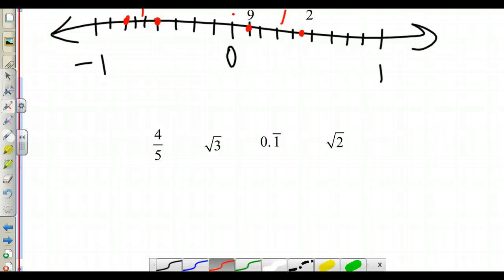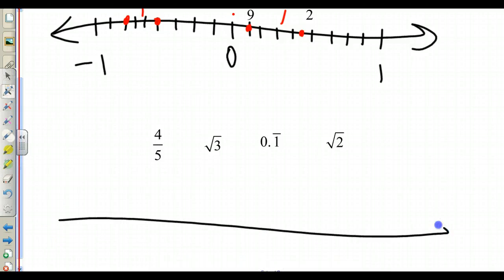Same thing here. We're going to try to order these numbers, put them in order from least to greatest. So here's 0. Here's 1. And I'm going to split this into fifths, I guess. 1, 2, 3, 4, 5.